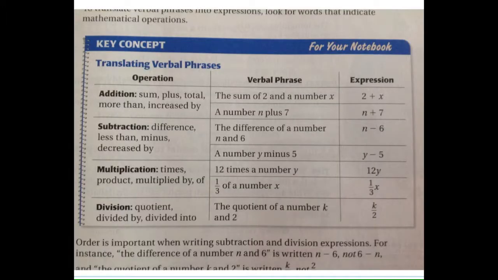Some of the words that mean multiplication: times, product, multiplied by seems pretty obvious, and of also means multiplication. So 12 times a number y, we could write as 12y. 1/3 of a number x, 1/3 times x.